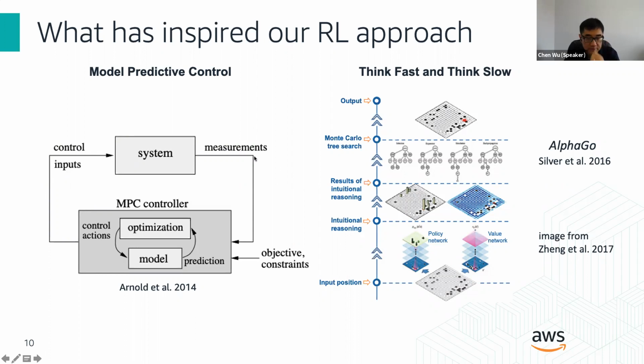observe a series of measurements, and then based on these measurements and its understanding of the model, it will produce a series of actions, essentially optimal actions, at least based on what has been observed and what's in the model. And then when you really interact with the real system, you only need to use the first action.